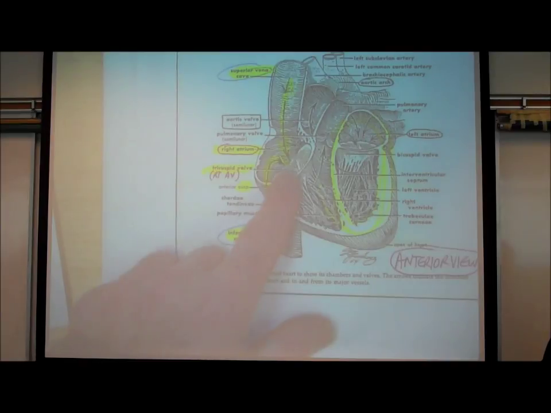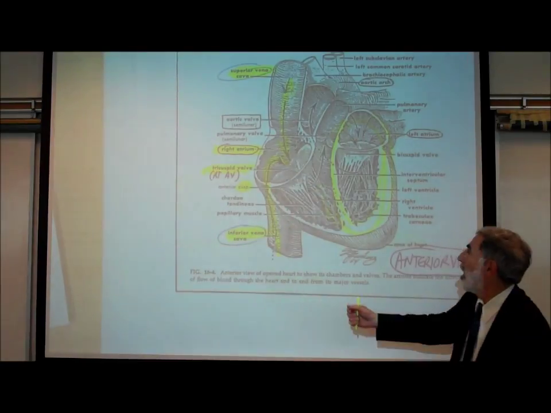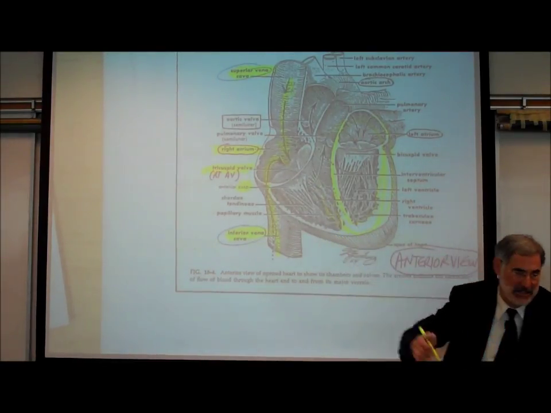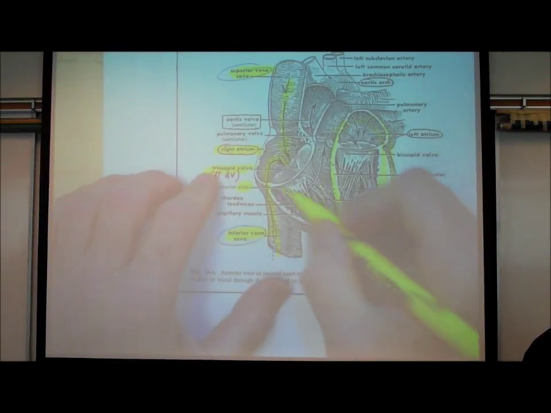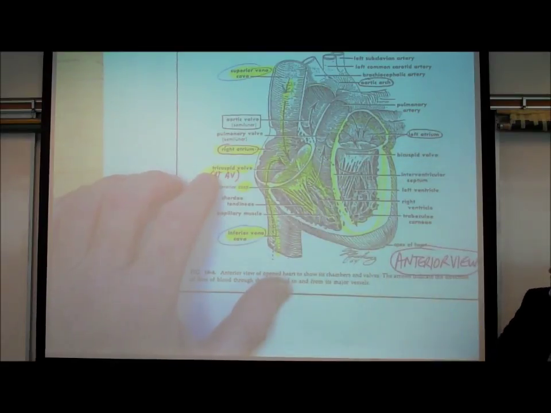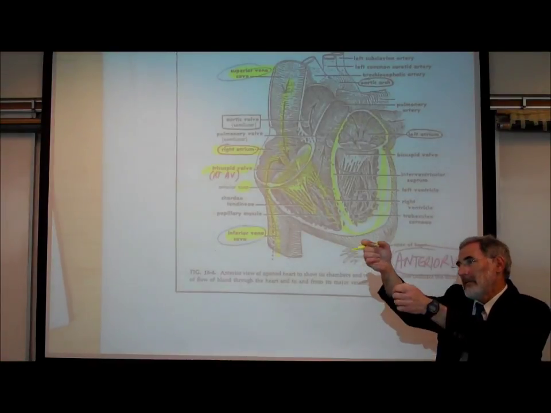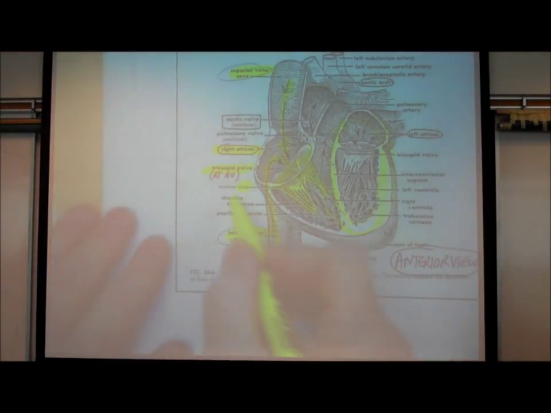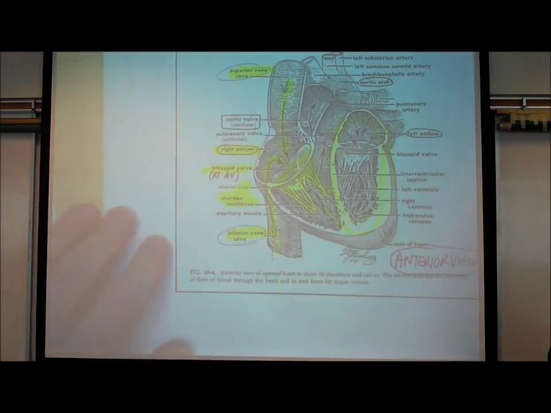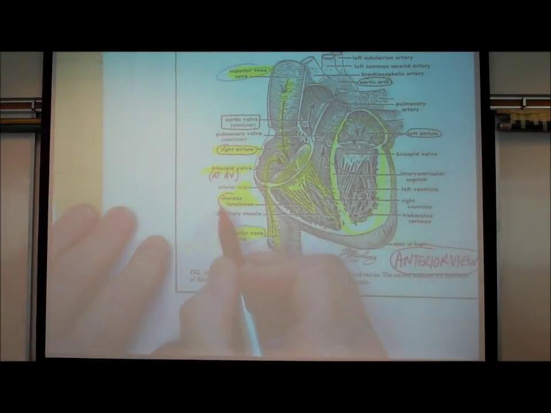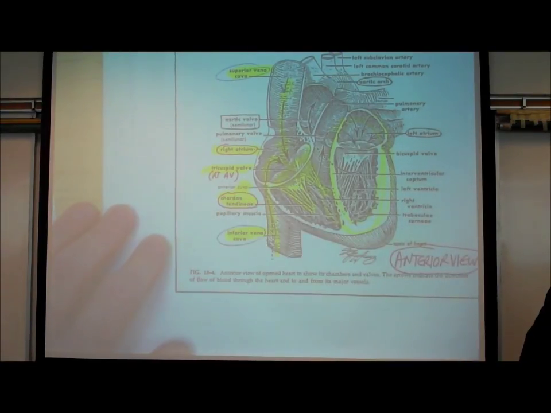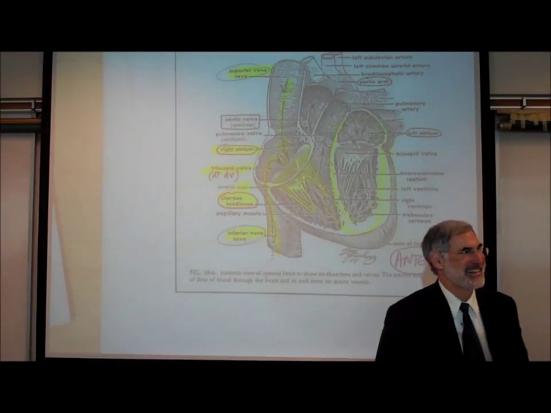Now, these cusps or flaps are held in place by tendon-like cords. There are these tendon-like cords that are holding these cusps of the valve in place. What do we call these tendon-like cords? They're called chordae tendineae. What does chordae tendineae mean? Tendon-like cords.